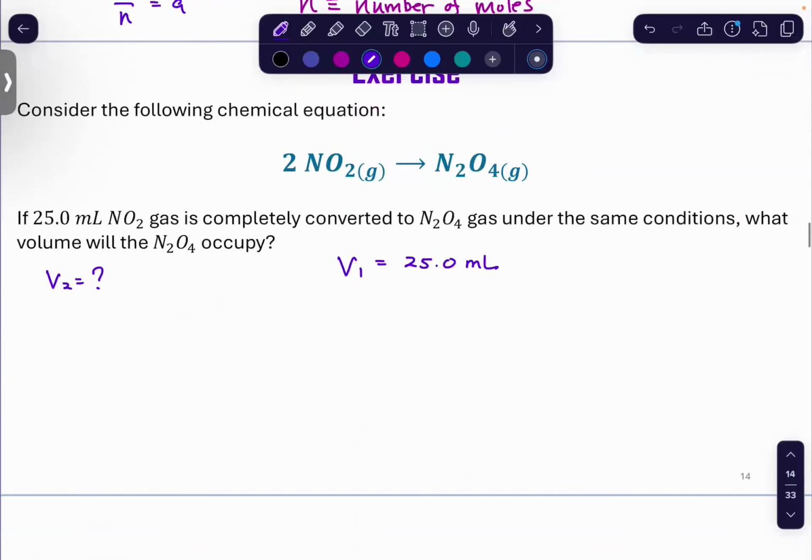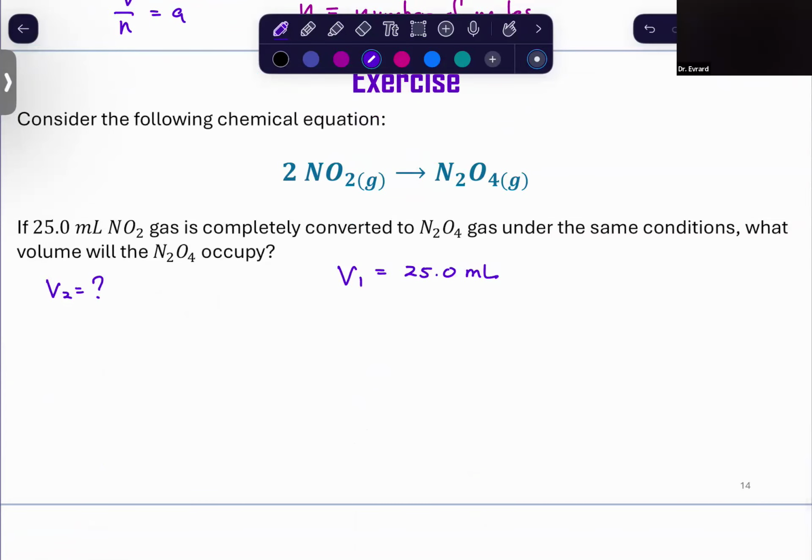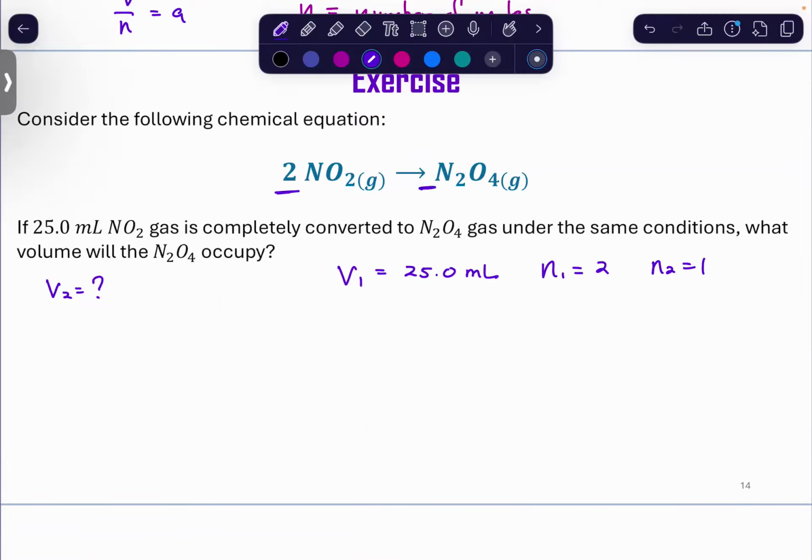We have constant temperature and pressure, so we're not worried about that. And then N1 equals 2, N2 equals 1. And you notice what I did was I used the coefficients. And of course, you always remember there's a 1 when you don't see a coefficient.